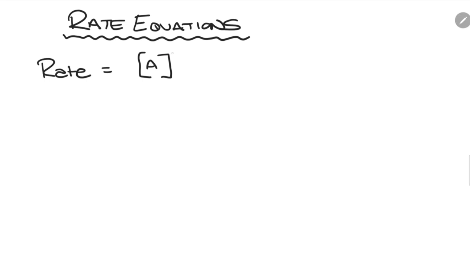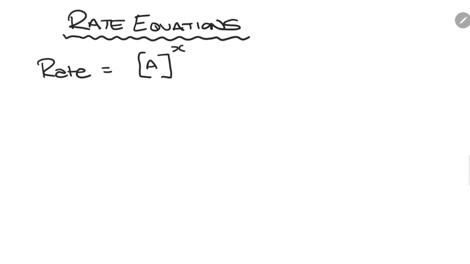When we derive a rate equation, we can establish that the concentration is proportional to the rate via a powered function. So the concentration of A will have numerically a power. We're going to call that X in this example.